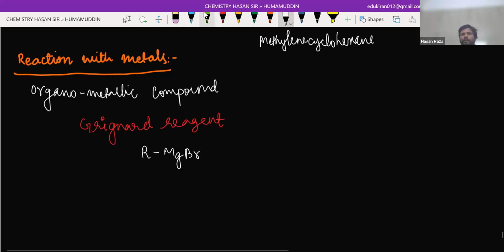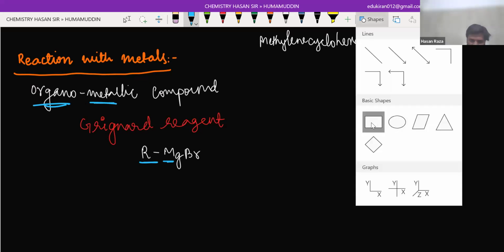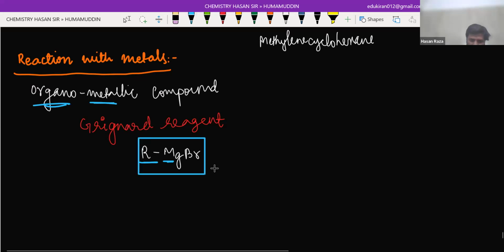So basically whenever a metal has a bond with carbon directly, that is an organic and metallic bond, it is called an organometallic compound. And this reagent that I have written is a very important reagent that we call RMgX.